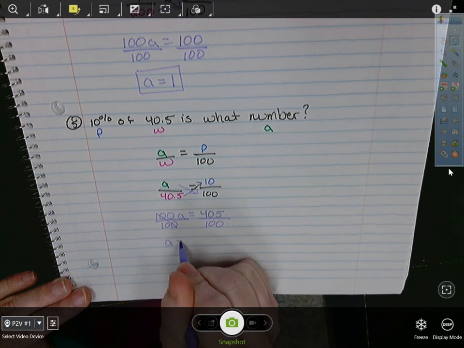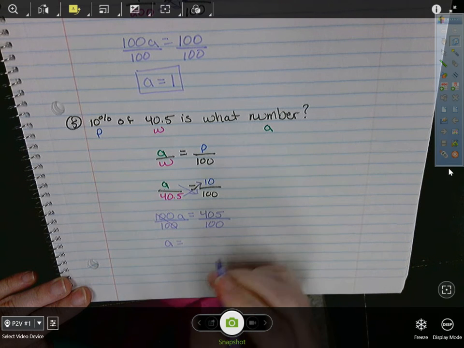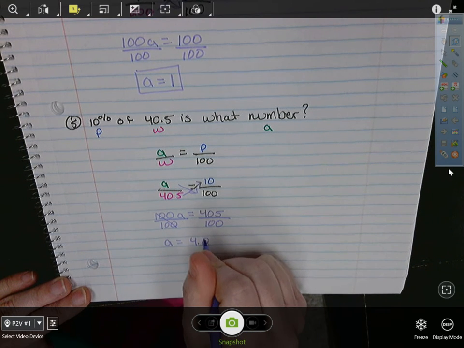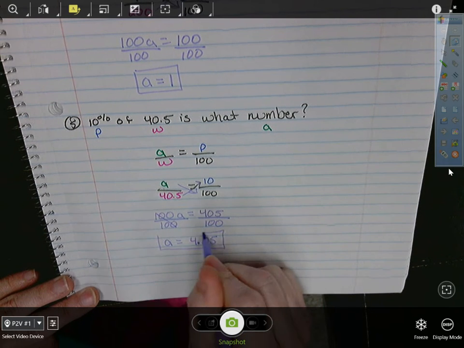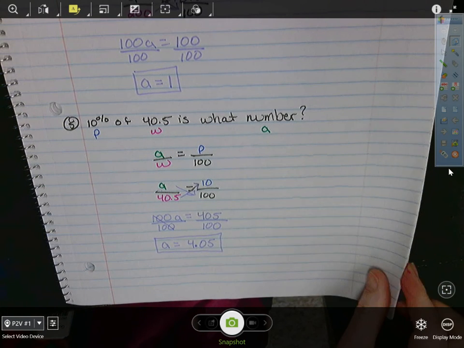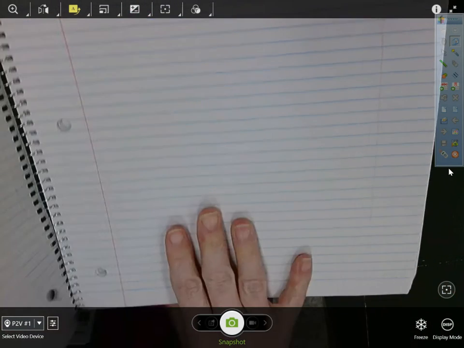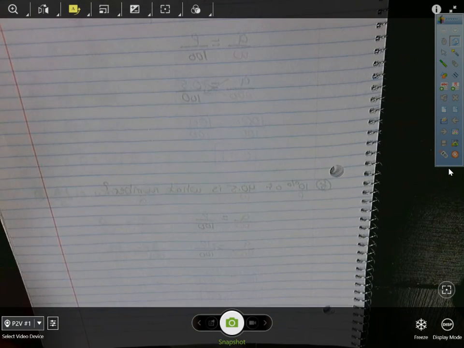We get A equals 40.5, or I'm sorry, 405 divided by 100 would be 4.05. So 4 and 5/100ths would be 10% of 40.5. Okay, another example. Number 6.